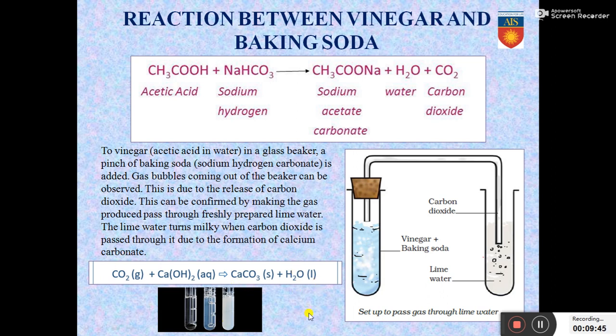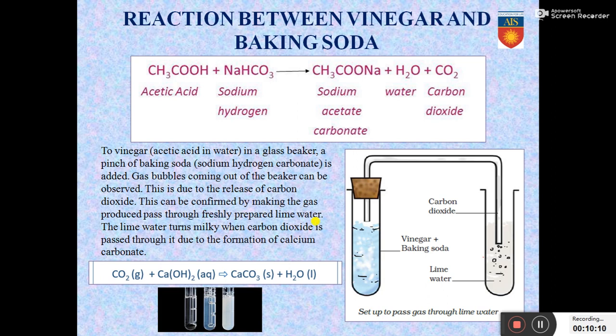So this is also a chemical change. Carbon dioxide reacting with calcium hydroxide is giving calcium carbonate and water, and that is being seen in this test tube. Calcium carbonate solid dissolved in the liquid water is giving the milky appearance. So this can be confirmed by making the gas produced pass through freshly prepared lime water. Why is it freshly prepared?